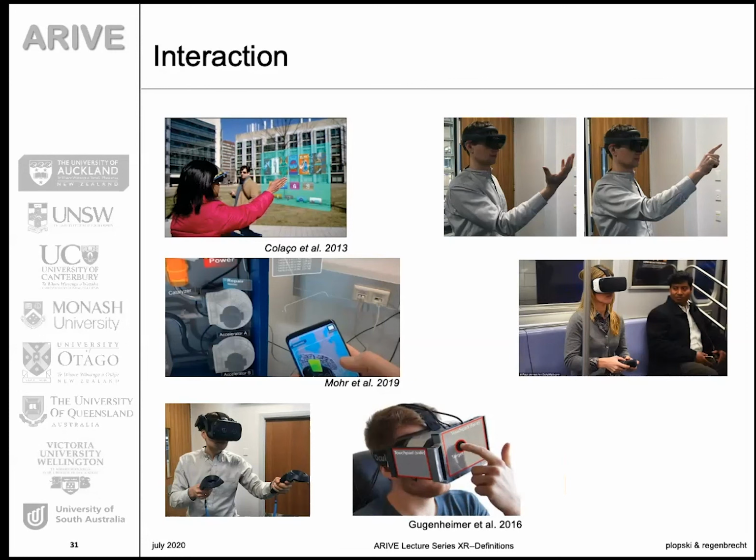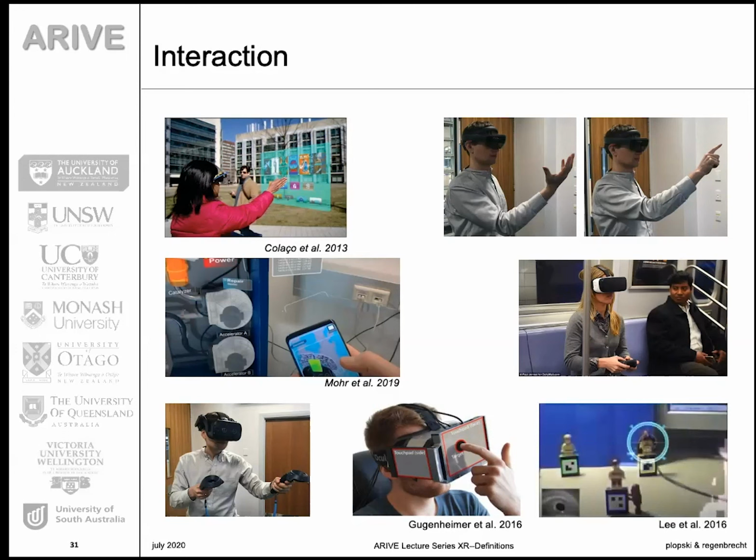And the whole goal here is to get rid of the need for peripheral devices and to allow the user to still control and interact with this virtual content. Or we could use eye gaze tracking to allow users to point at different objects that they're interested in and simply select them by looking over there.